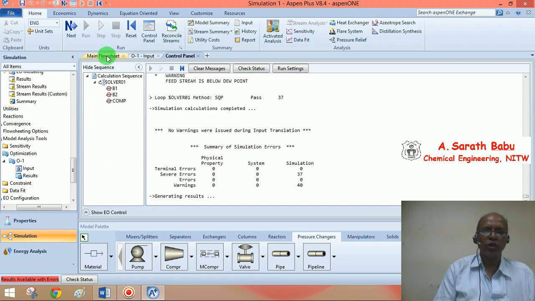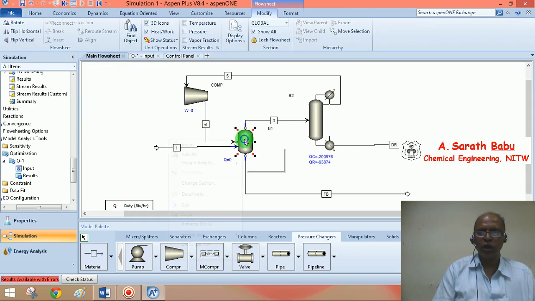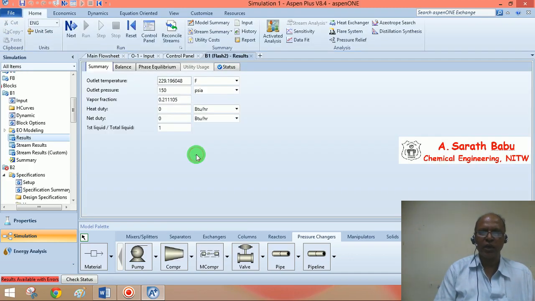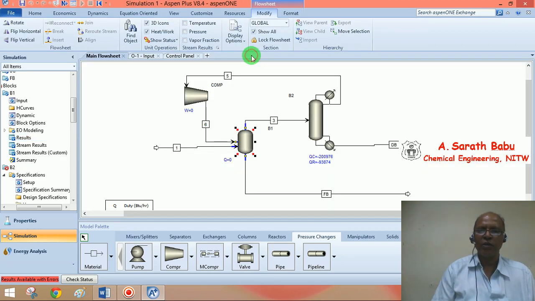Now you can see the flash column pressure when you are trying to vary only the flash column pressure. And once again you can see the pressure in the flash column is at 150 itself. Vapor fraction is 0.211, right? So the flash column pressure is not going to affect.